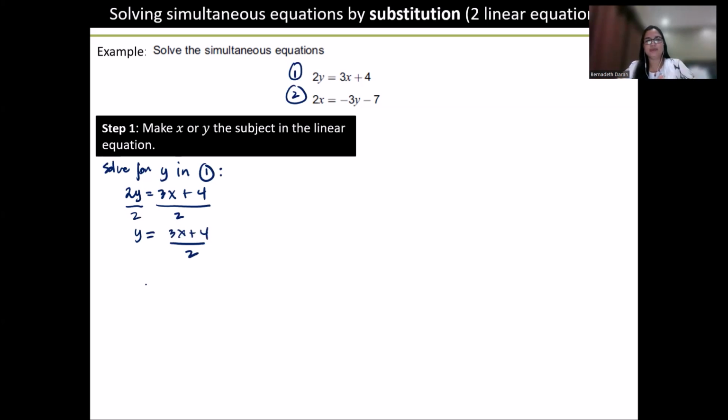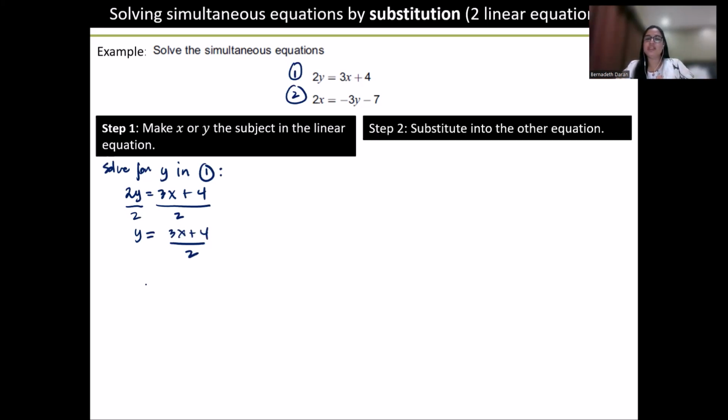Okay. Now, step 2 is we substitute into the other equation. So we are going to substitute y to equation 2. We now have 2x is equal to negative 3 multiplied to our y, which is now 3x plus 4 over 2, minus 7.